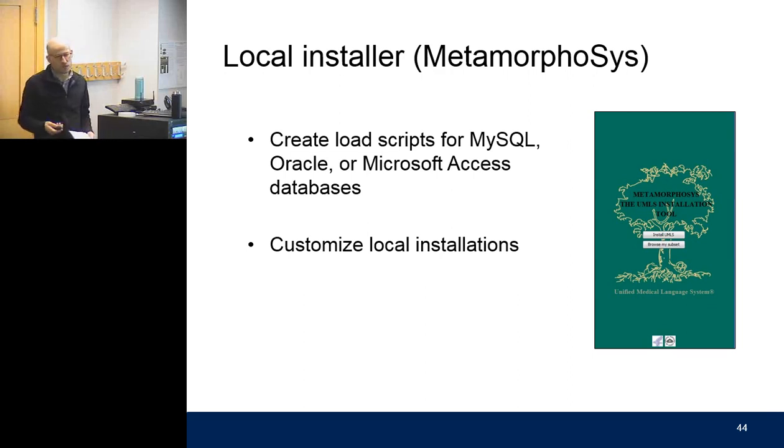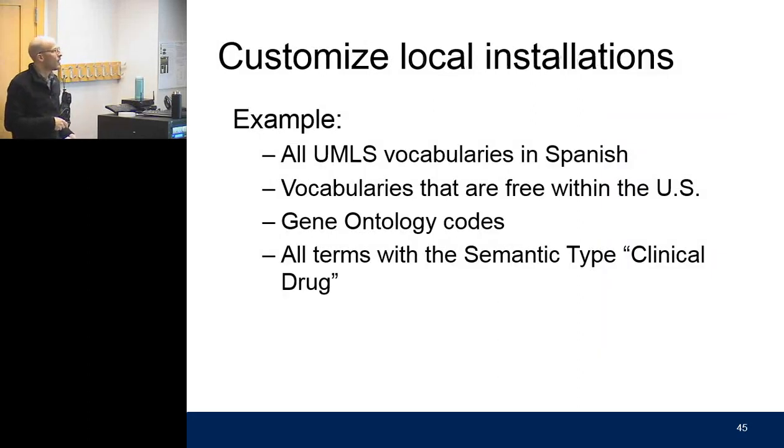It can be very powerful to instead pull very specific subsets of the UMLS. An example of that for a local installation might be that you only want to look at vocabularies in the UMLS that are in a certain language, or that are free to use, or from a specific vocabulary like Gene Ontology, or you only want to see SNOMED CT, or you only want to see MeSH.